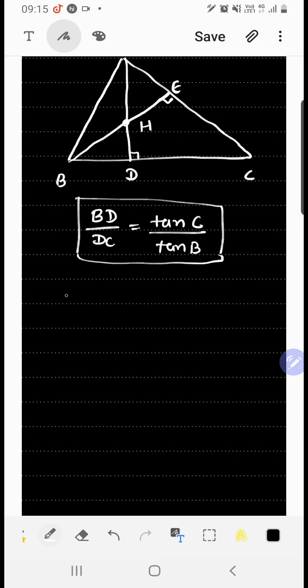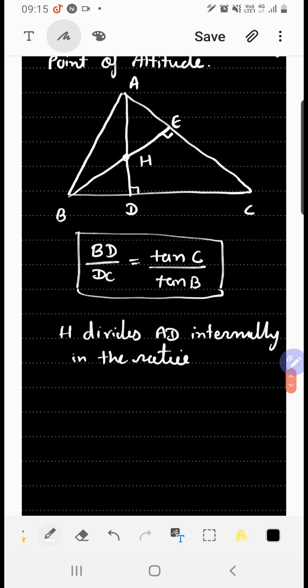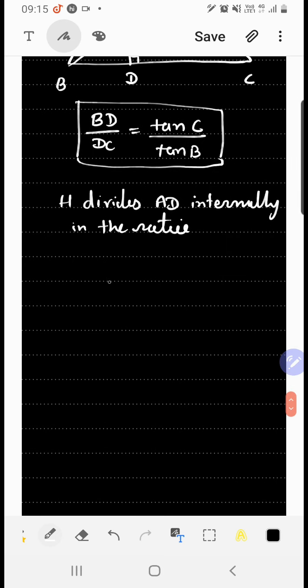Also H divides AD internally in the ratio. Now again if you see here, I am having A, D and H. Now opposite A I'll write tan A. And what is left out?